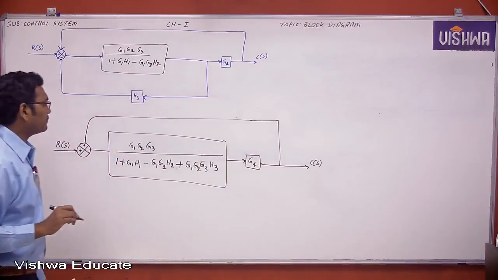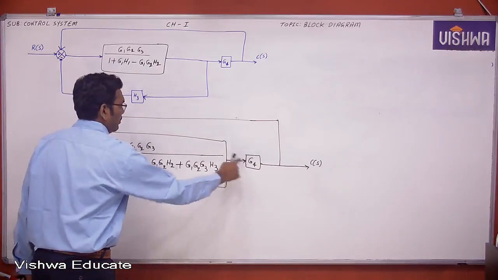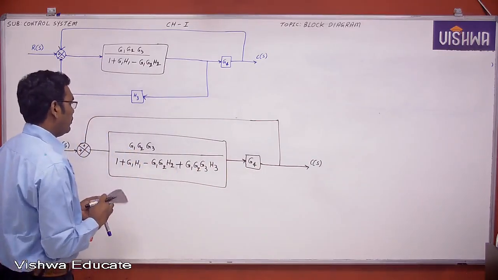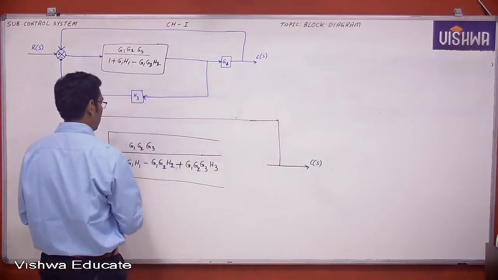Now see here. First you simplify this. This is the cascaded forward path gain. Therefore this G4 is removed and comes here. This is G4.